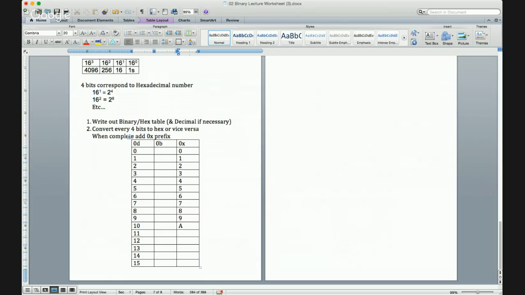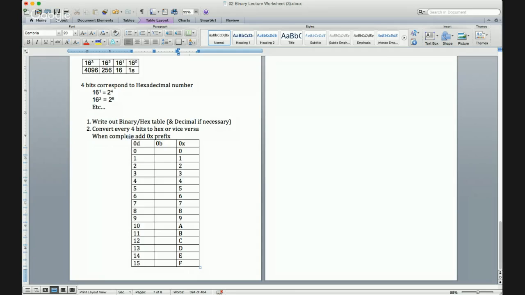There we go. A, B, C, D, E, and F. So hexadecimal A will correspond to decimal 10. Hexadecimal B will correspond to decimal 11. Hexadecimal C will correspond to decimal 12.